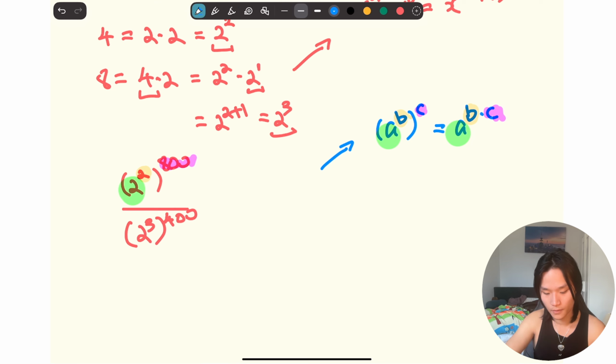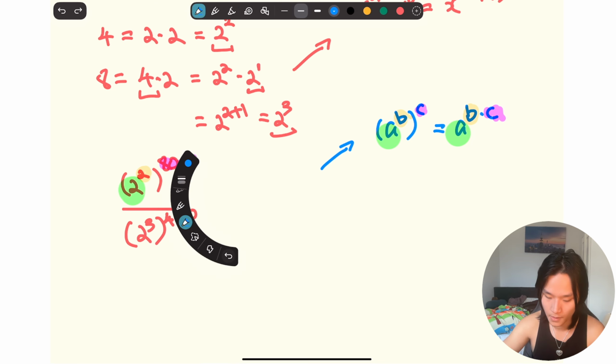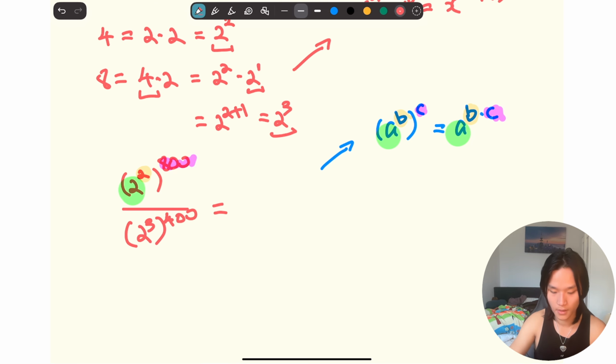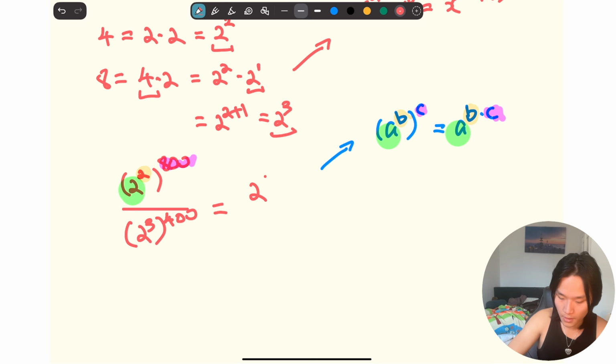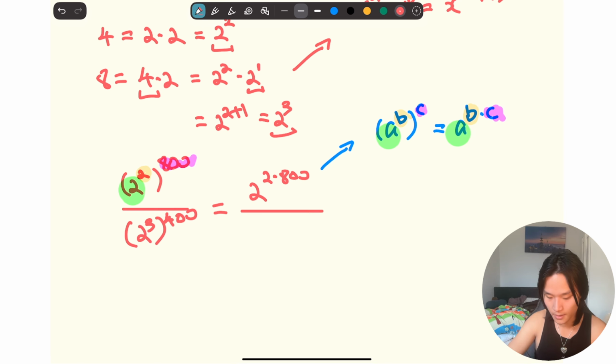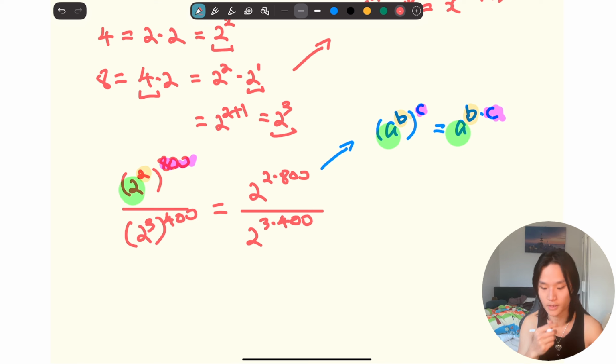So for the fraction, we have to multiply 2 by 800 on the power, so 2 times 800, and divide. Now we do the same thing for the bottom, so 3 times 400.